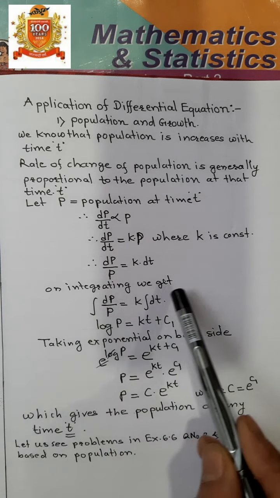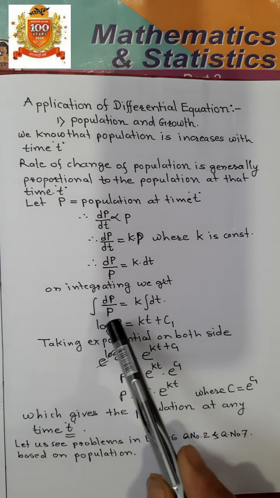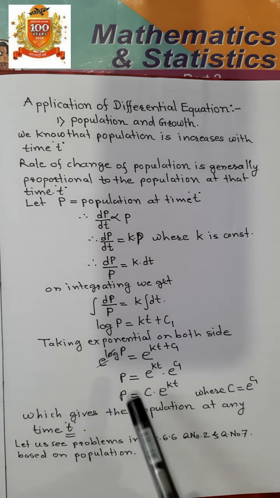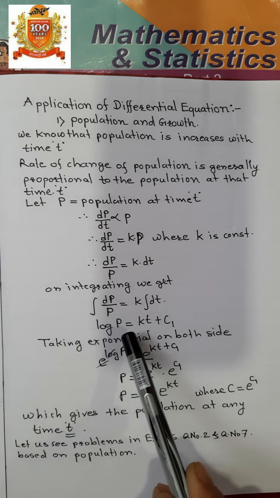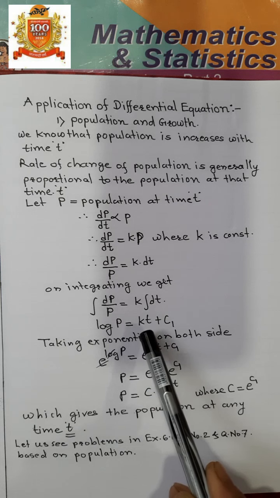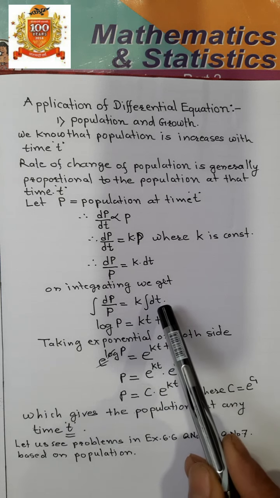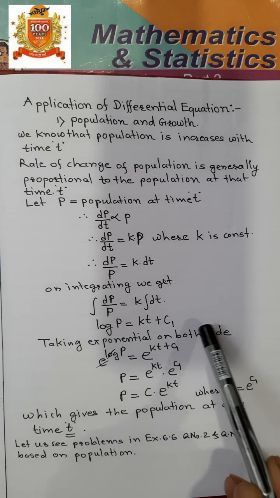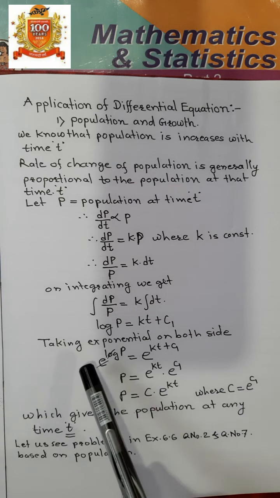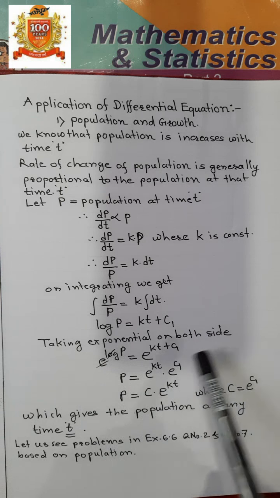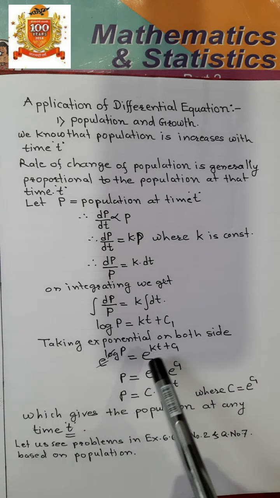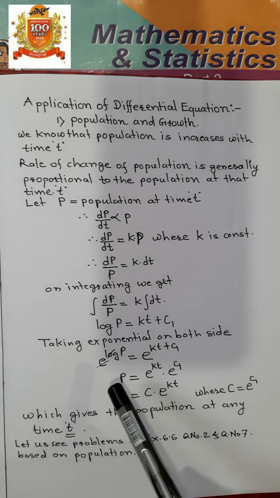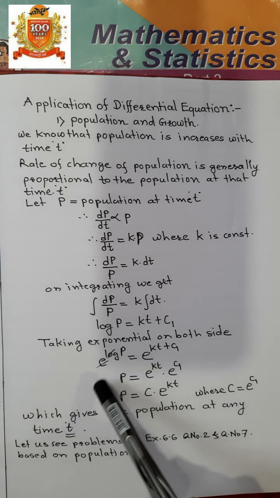On integrating, we get integration dP upon P is equal to k integration dt. That is, log of P is equal to kt plus c1, where c1 is the integration constant. Now, taking exponential on both sides, e raised to power log P is equal to e raised to power kt plus c1. Exponential and logarithm get cancelled.